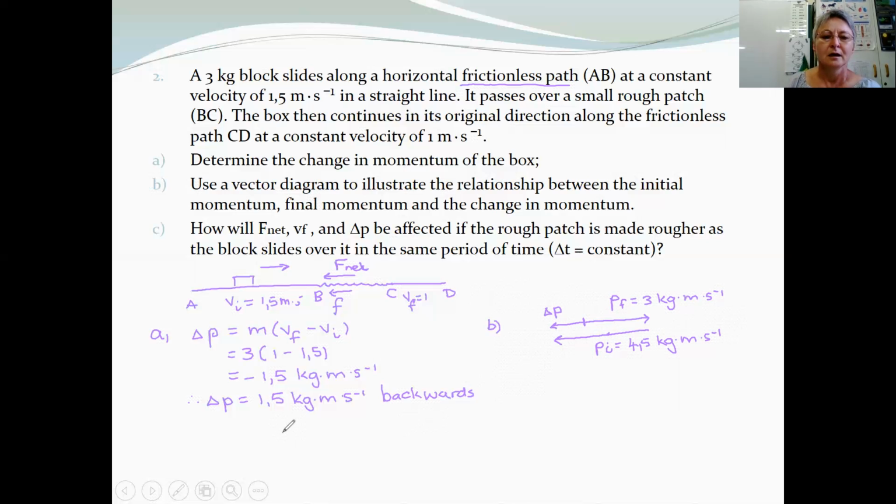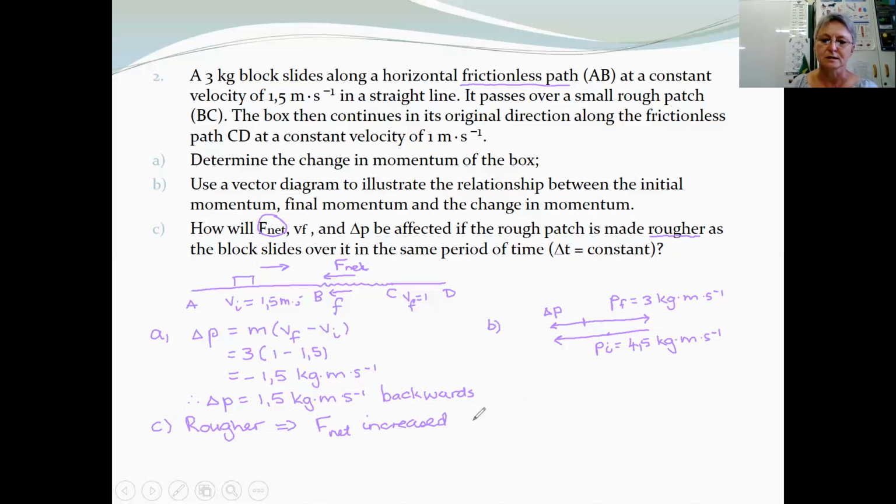Okay. How will F net, Vf, and delta P be affected if the rough patch is made rougher? If the rough patch is made rougher, the F net would be increased. So let's answer that question here. Number C, if the rough patch is made rougher, it means that the net force will increase.